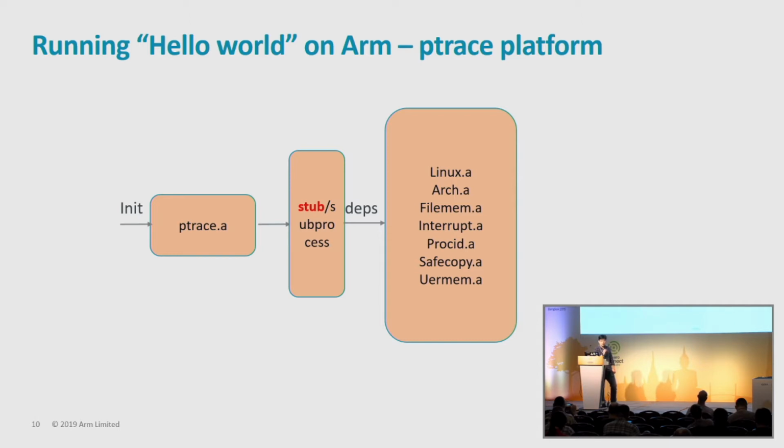We have already enabled, please see this page, the ptrace depends on so many modules, so it means we have already enabled these modules on ARM, such as stub, arc, kernel, memory, and so on. So here, let me do a brief introduction about the sentry process and the stub process.